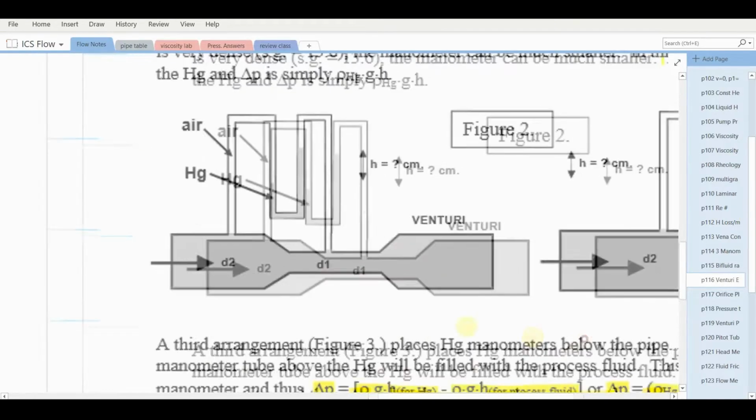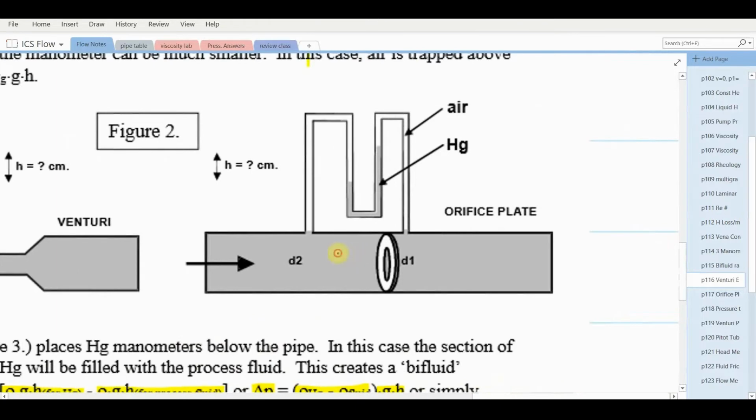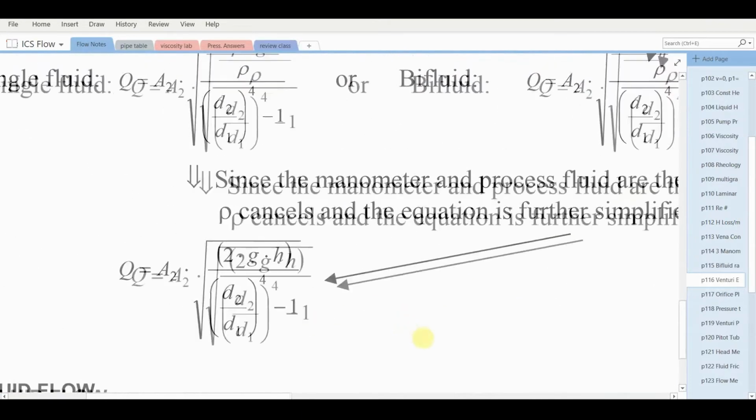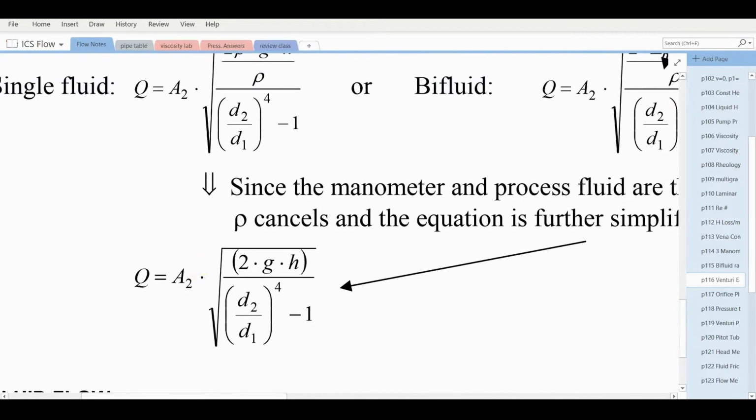In the case of an orifice plate, because of the abrupt changes in direction, there is some permanent pressure drop, and so pressure is not fully recovered downstream of the orifice plate. As a result, that equation is not exactly correct. It'll need a correction factor.